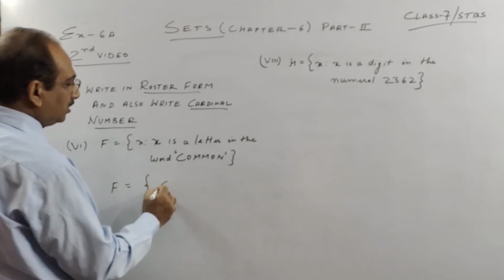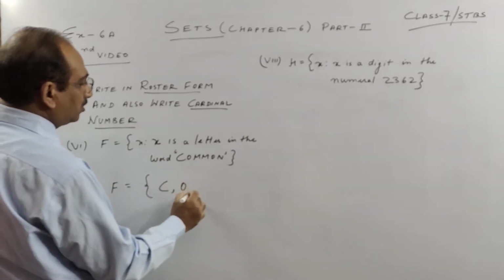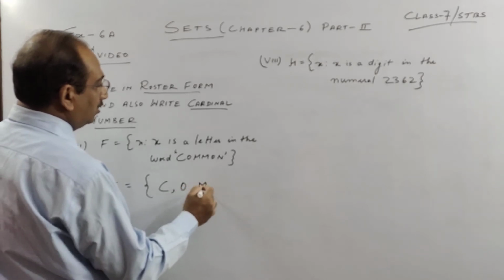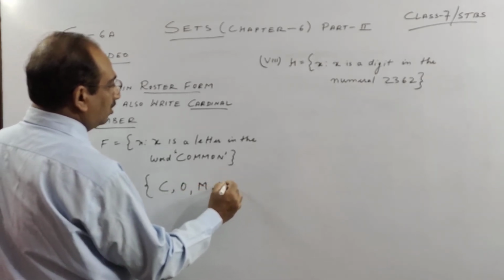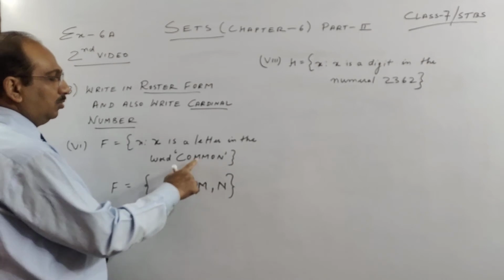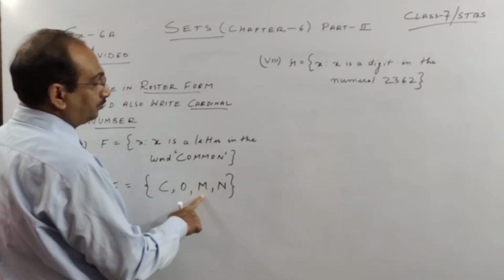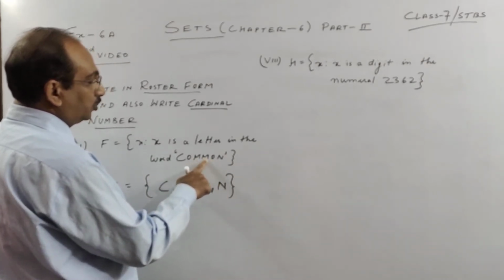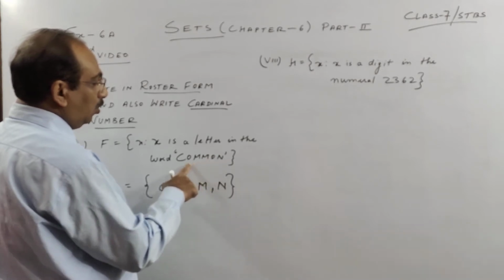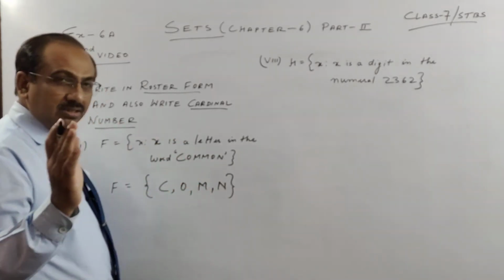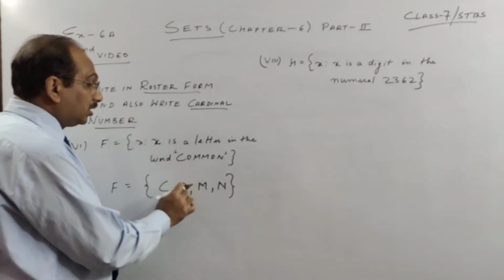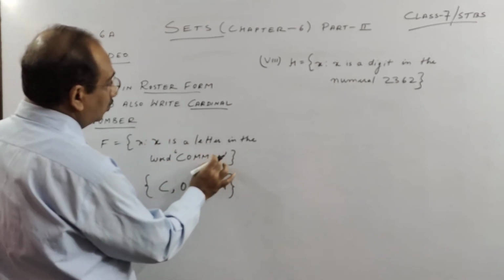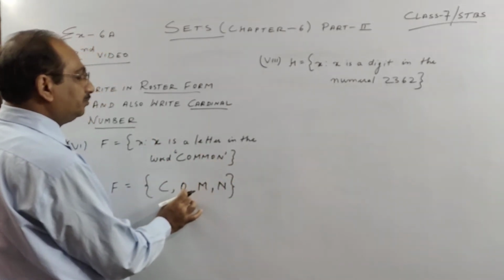Again you put braces. All the letters of the word COMMON without repetition: C, O, M. Only one M I'll write; the second I will not write. O I have already written, because inside a set, children, nothing is repeated. There is another O, but one O I have written.